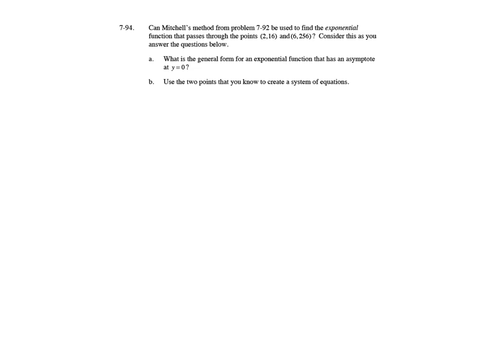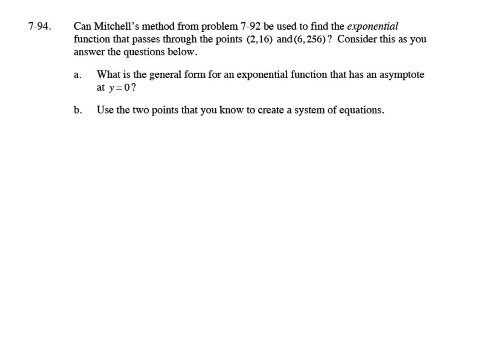Okay. In this problem here, they tell you that Mitchell wants to use the idea of using a system to find an exponential function that passes through the points (2, 16) and (6, 256). So they ask you what's the general form of the exponential function that has an asymptote at y equals 0.